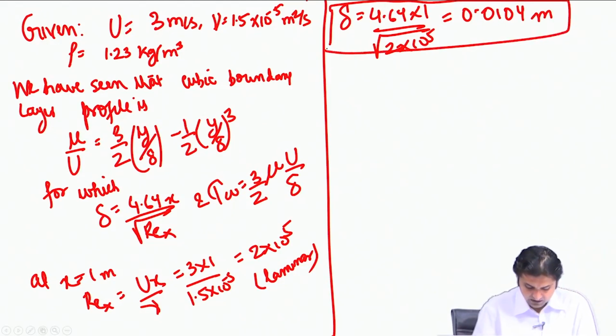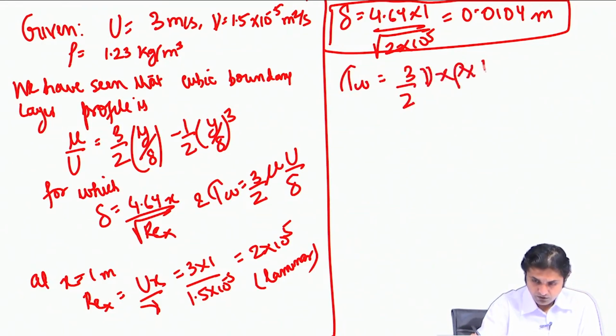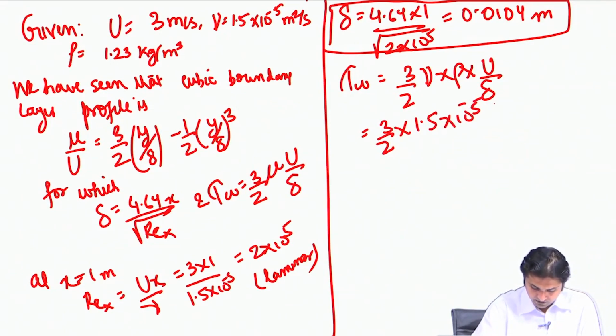This is the delta, and tau w will give us 3/2 nu into rho into u by delta. So this is going to be 3/2 into 1.5 into 10 to the power minus 5 into 1000.